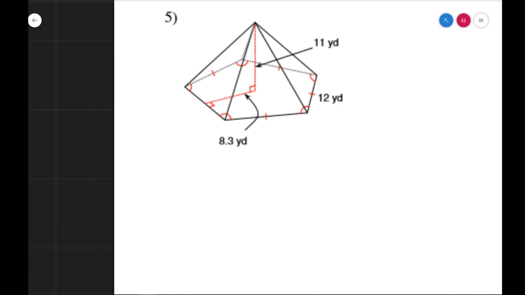It's not a rectangle, it's not a triangle, it's a pentagon that is our base. So we need to use a different formula than other formulas that we may have used before.